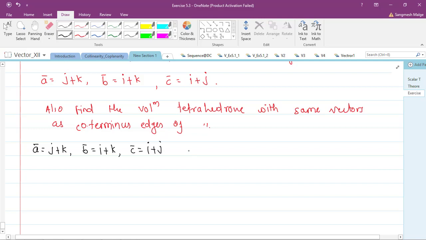First we will find the volume of parallelepiped, which is the box product of A bar, B bar, C bar. So let's find the box product of these three.